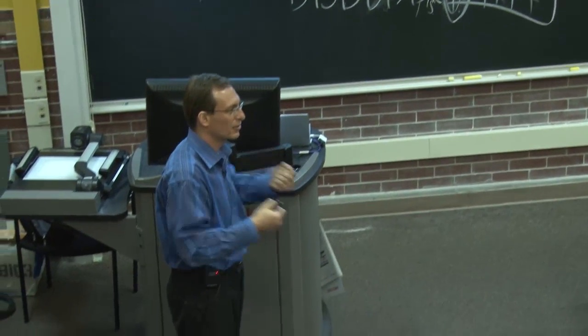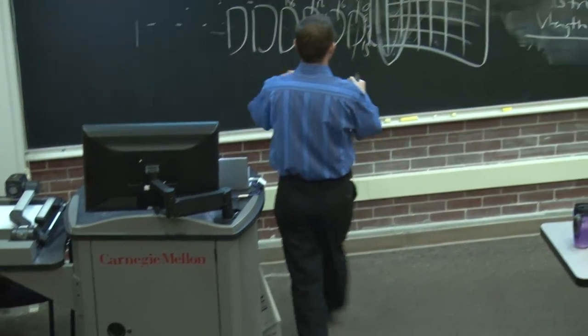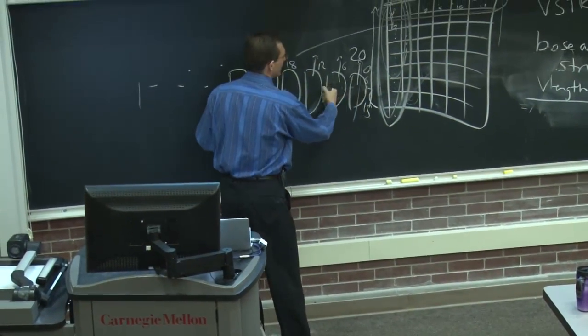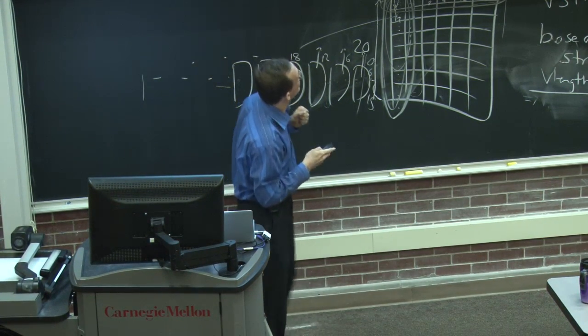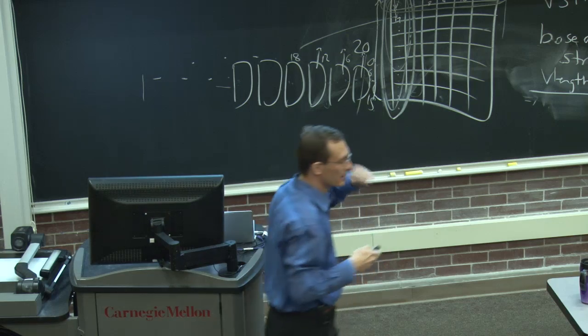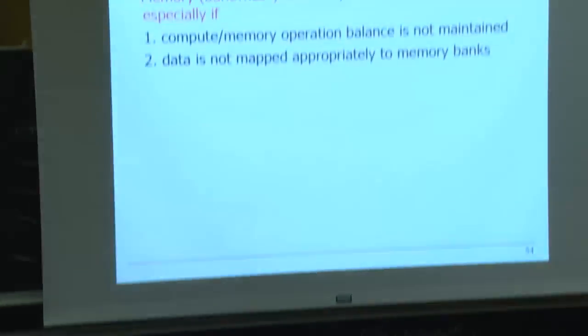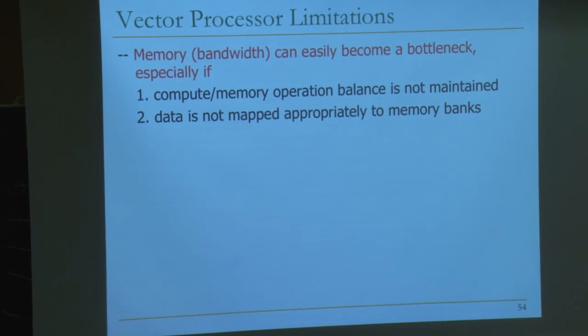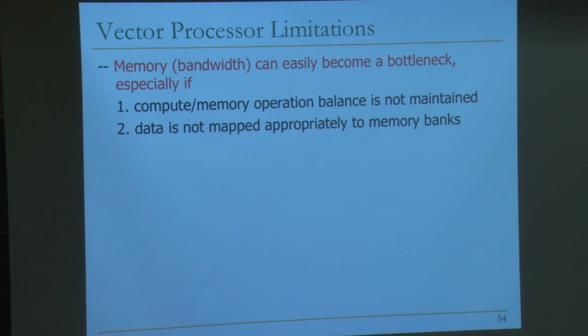Because you have this regular parallelism that you're trying to exploit, hardware needs to support that parallelism. But not only that, your program needs to fit into the hardware that supports that parallelism. And that's not always easy. I guess before we part, I'll just give you another limitation. Actually, memory can easily become a bottleneck in a vector processor because you have lots of operations generated by one instruction.